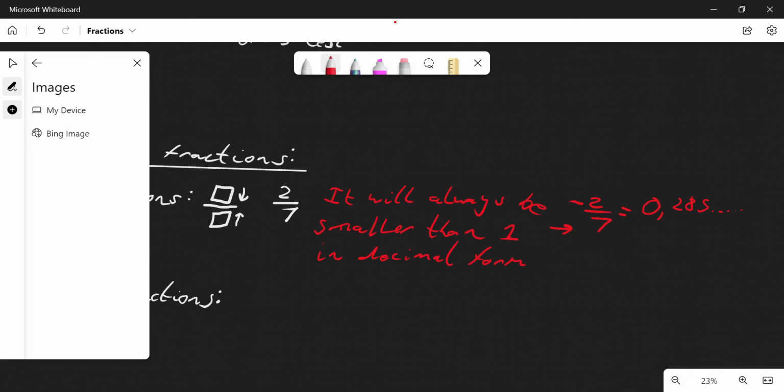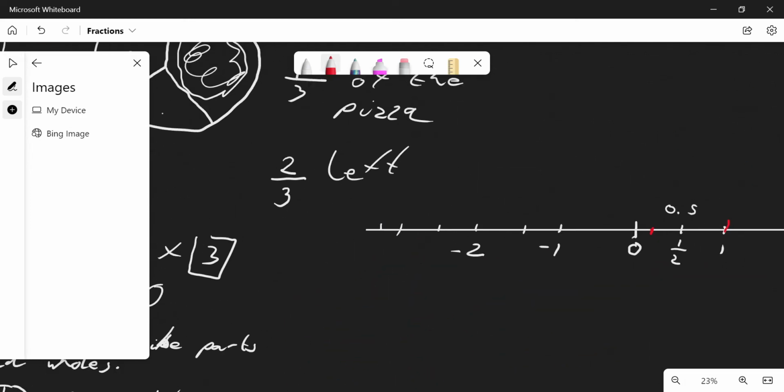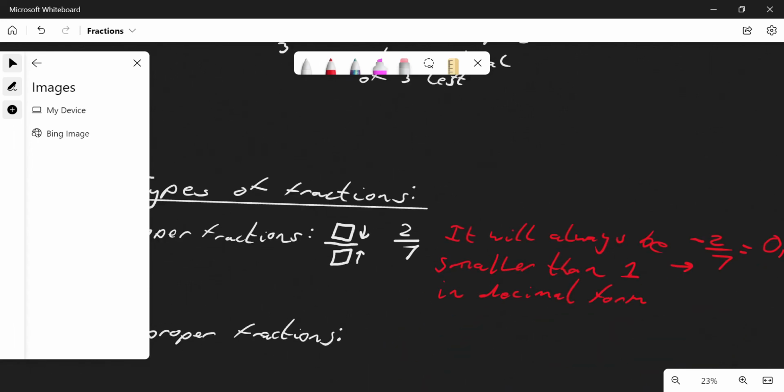Negative 2/7 is here on your number line. If this is 0, this is -1. Negative 2/7 will be somewhere there. That's the decimal, negative 0.285. It's right there on the negative side of the number line. All right, so that's proper fractions.